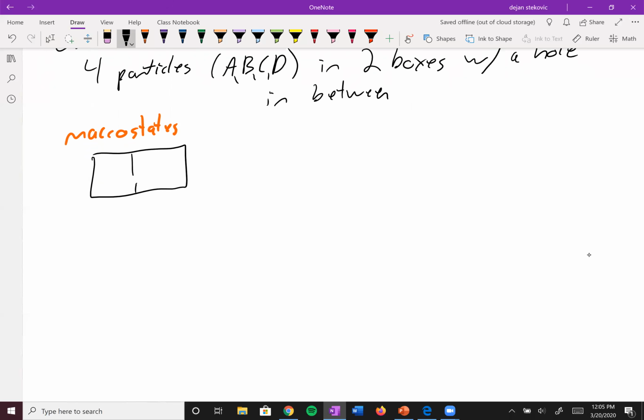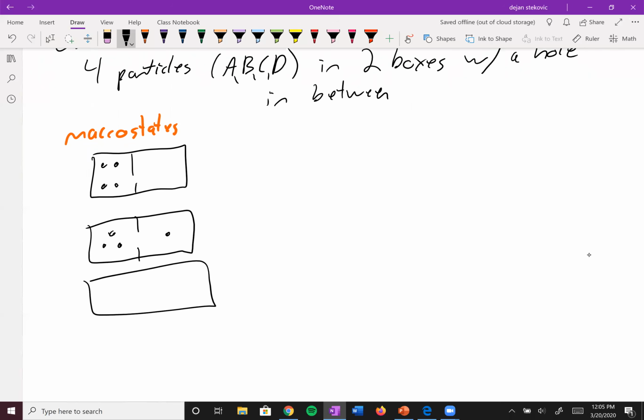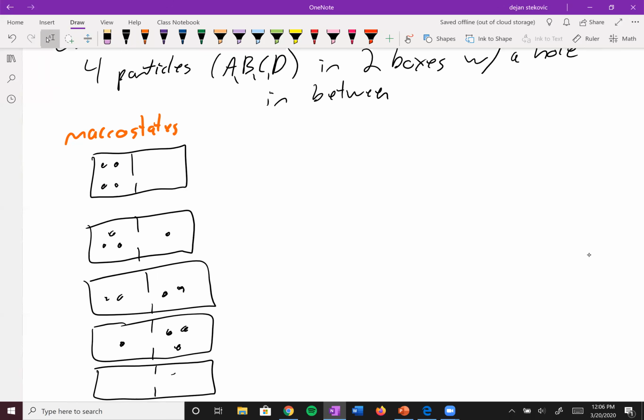In one of our macro states, we could have all 4 particles in one box. In another macro state, we could have 3 on the left, 1 on the right. Another macro state would be 2 on each side. Yet another would be 1 on the left, 3 on the right. And then the final macro state would be all 4 of your particles on the right.